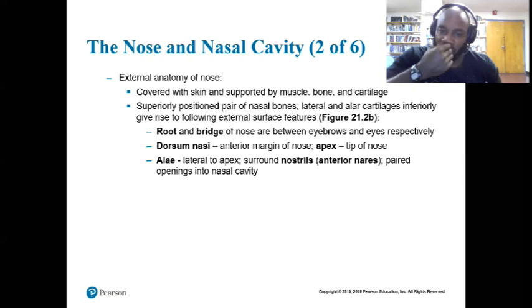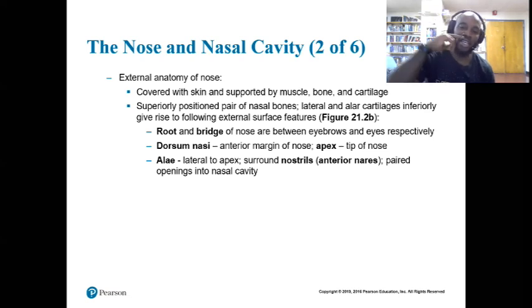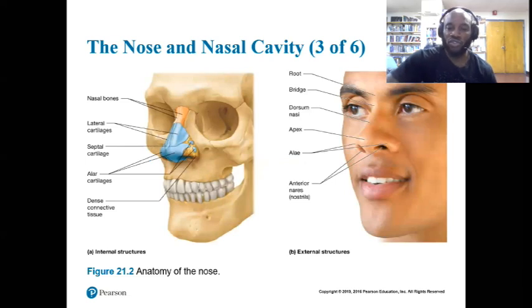There's a root, and a bridge, which is between the eyebrows and the eyes, respectively. The apex is the tip of the nose, and the entrances are called the anterior nares. This is the general structure of the nose.